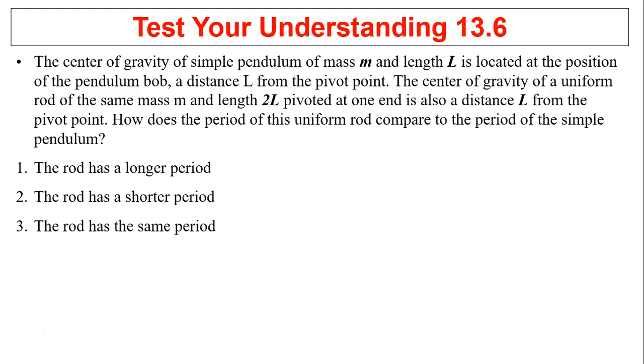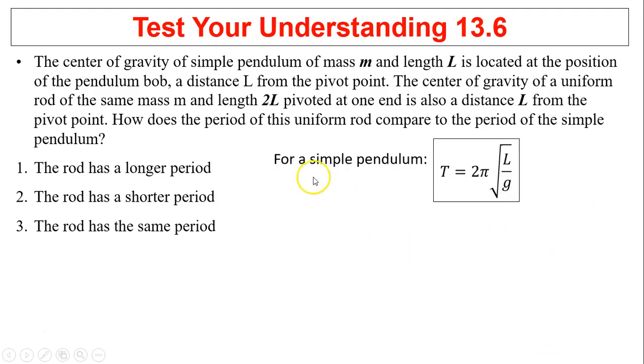So you have a pendulum and you have a long rod. One is a simple pendulum, one is a physical pendulum. The physical pendulum is longer, but their centers of mass are at the same distance. How does the period of this uniform rod compare to the period of the simple pendulum?